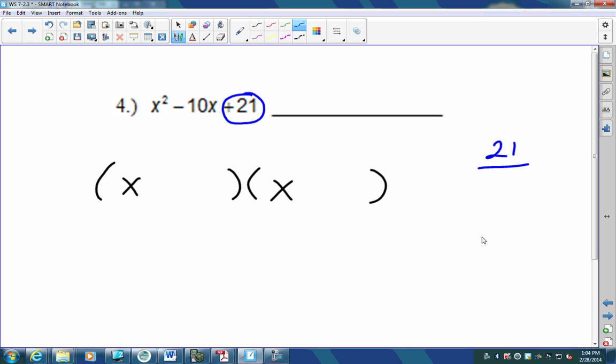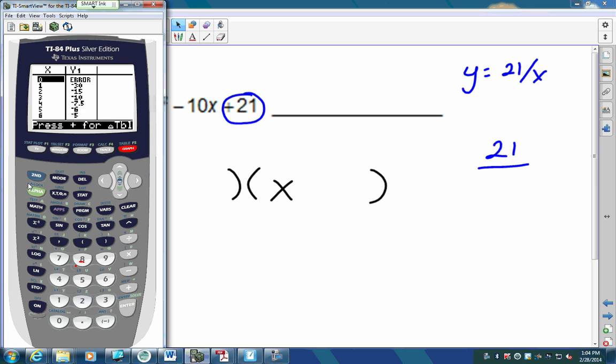Again, you can put them in the calculator and look at them. Go to y equals, put 21 divided by x, second graph. I'm looking for the factors that add up together to give me negative 10.